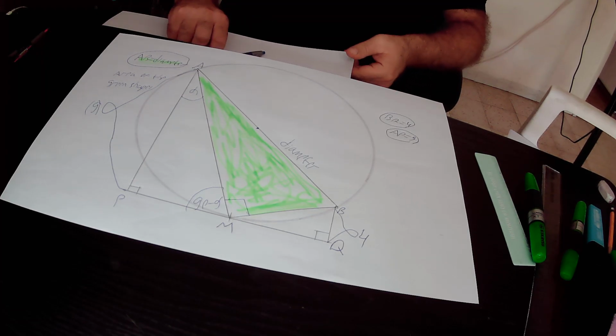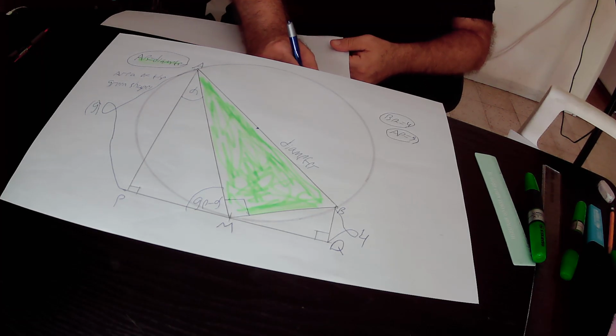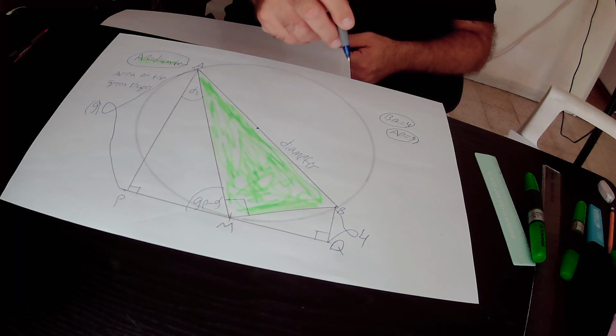So I will write it down. 90 degrees minus alpha, plus 90 degrees, plus the third missing angle, the angle BMQ.